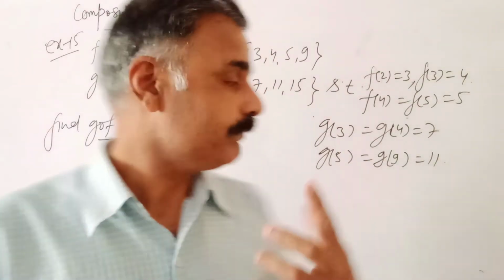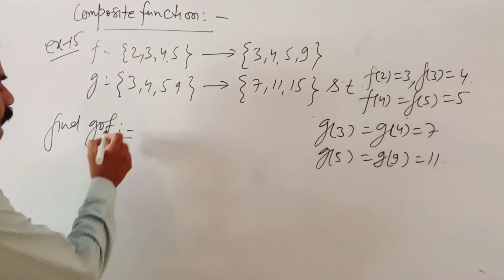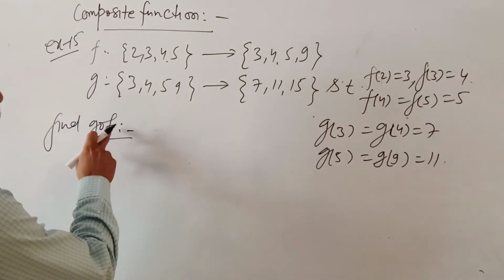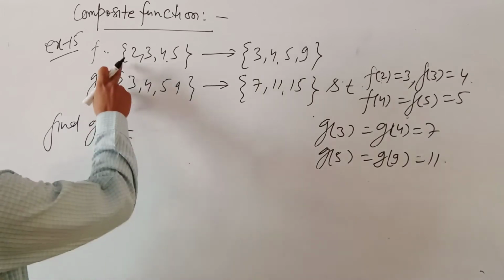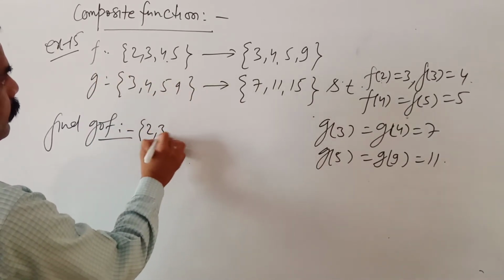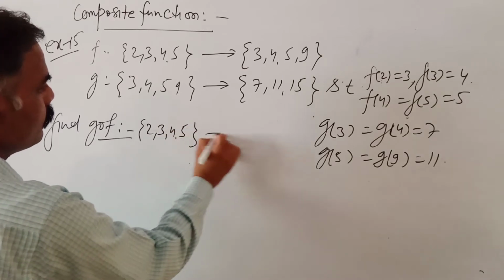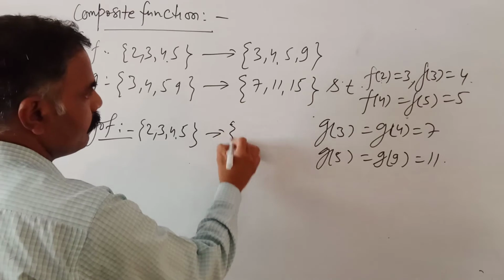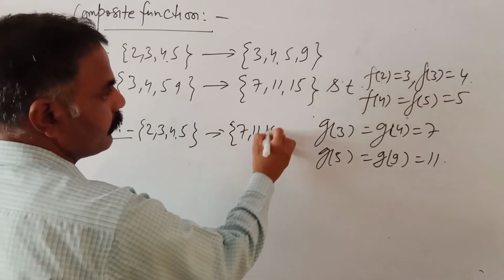So gof is defined from the domain of f, meaning 2, 3, 4, 5, to the range of g, meaning 7, 11, 15.